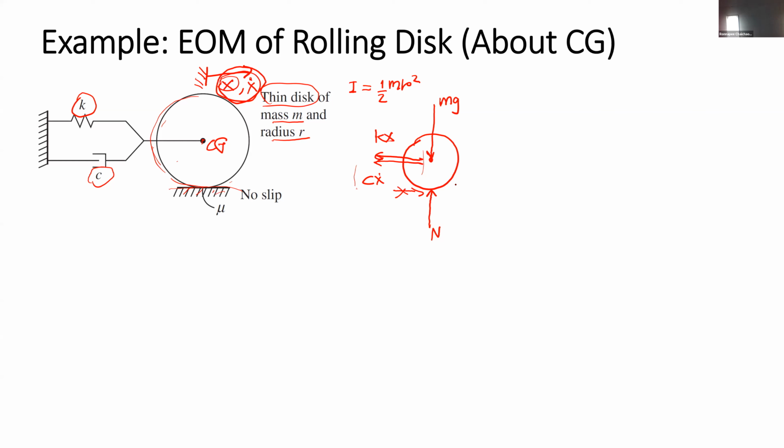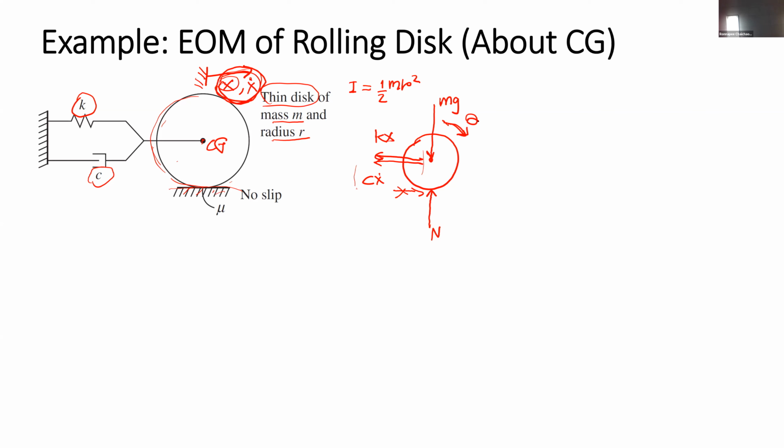The direction of the friction should relate to the direction of the generalized coordinate that you put. So if x is positive to the right hand side, it means that the circle is rotating in the clockwise direction.